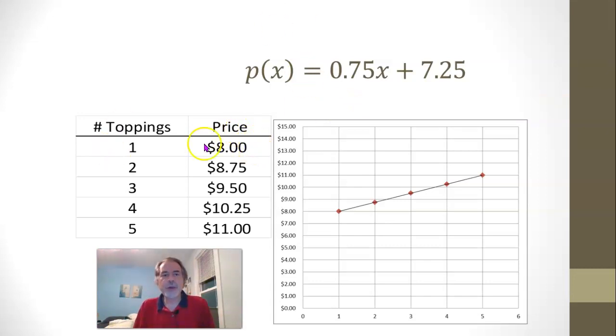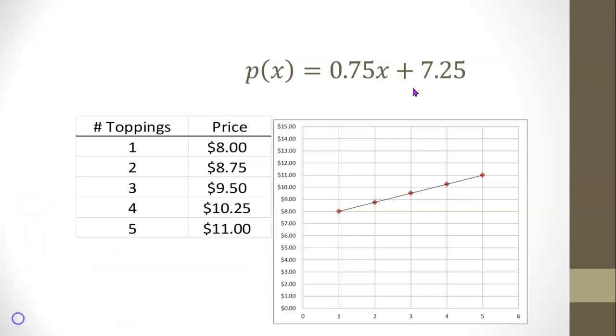So in this example, each time the number of toppings goes up by 1, the price goes up by 75 cents. And you can see that in the formula with the 0.75 times x. So if x gets 1 bigger, P of x is going to get 0.75 bigger than it used to be. So this is an example of a linear function.